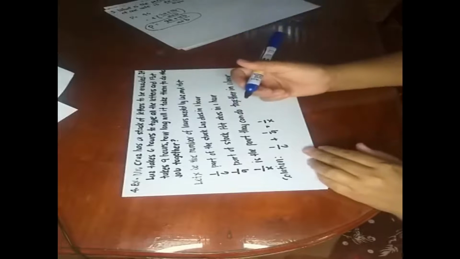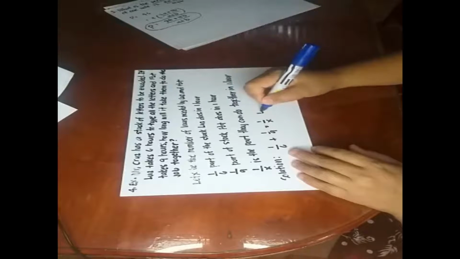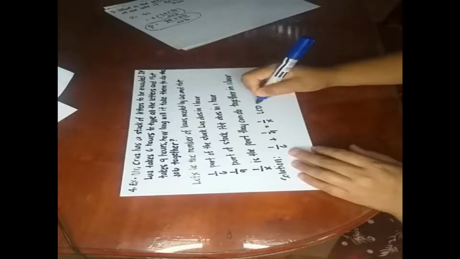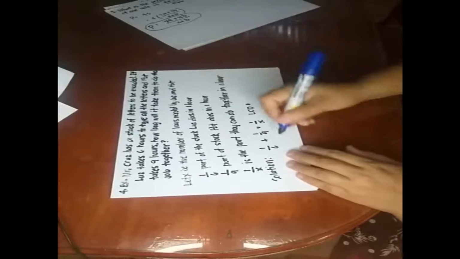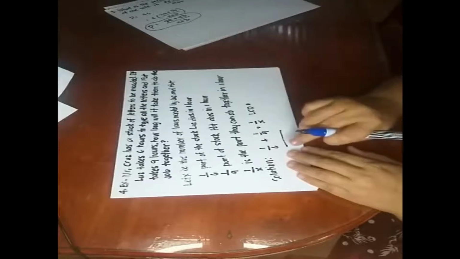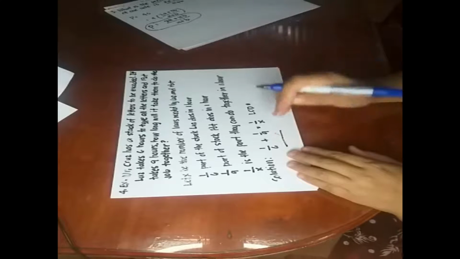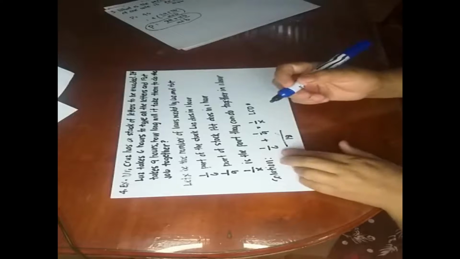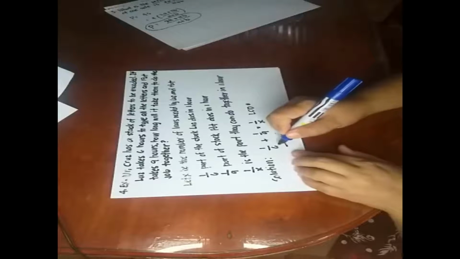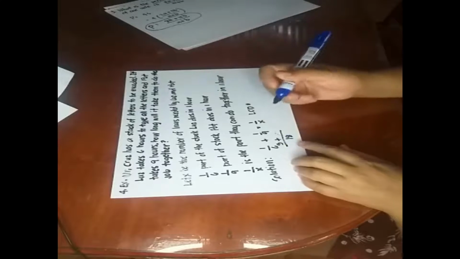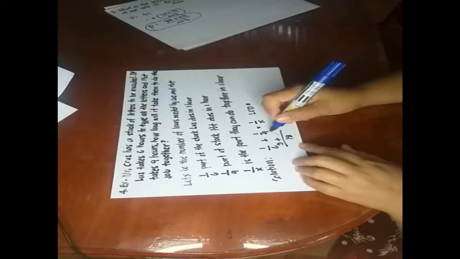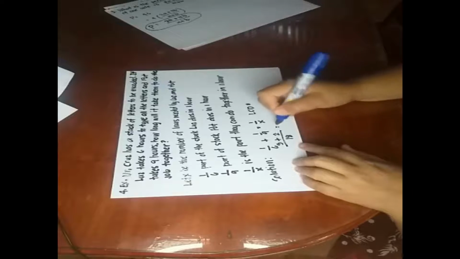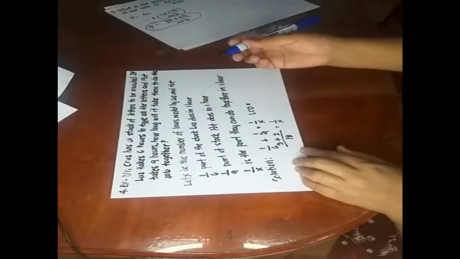Then, the LCD of 6 and 9 is 18. So 18 divided by 6 is 3 times 1 is 3, plus 18 divided by 9 is 2 times 1 is 2, over 1x.